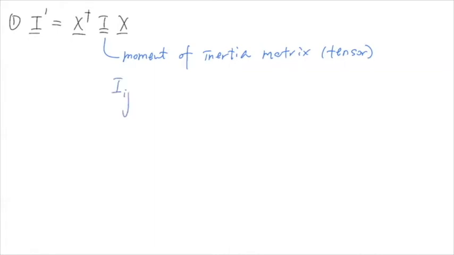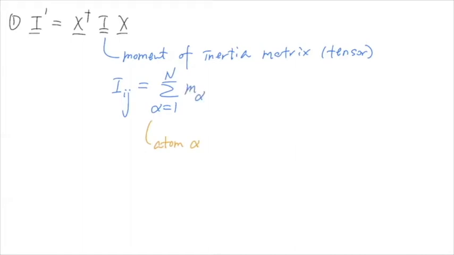The matrix element I_ij is the summation over alpha from 1 to n. Alpha is the index of atom. This is atom alpha, and in total you have n atoms.